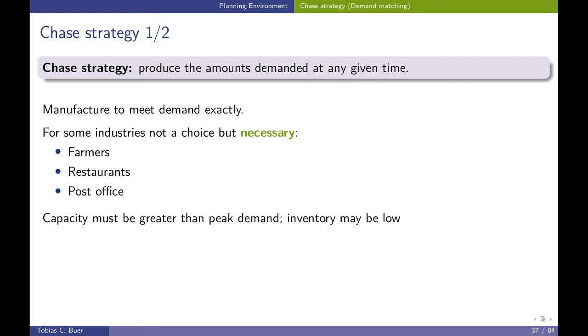The capacity therefore is typically way bigger than the average demand, and if the peak demand is only for a couple of weeks in a year, then for the rest of the year a lot of capacity is idle, and it is somewhat a waste of resources.